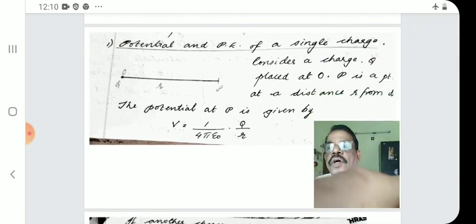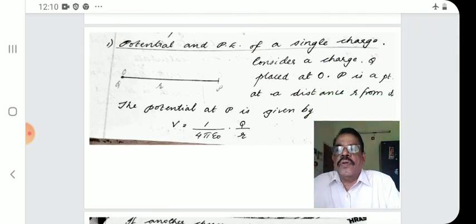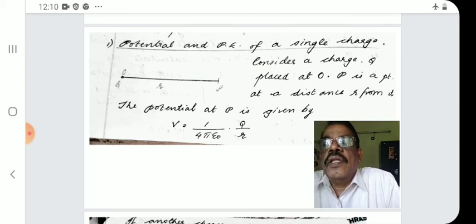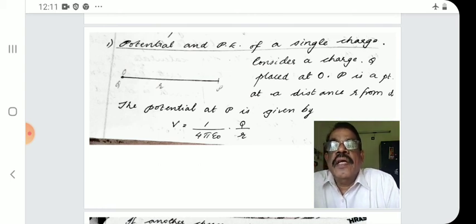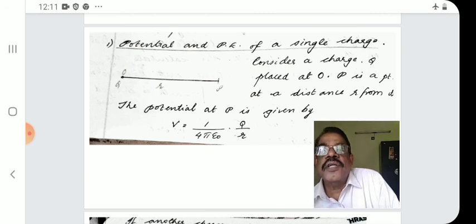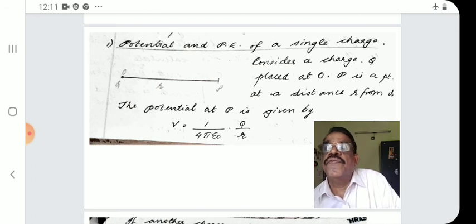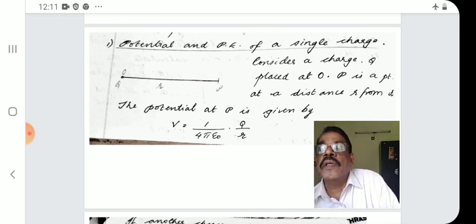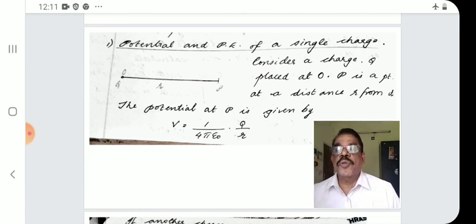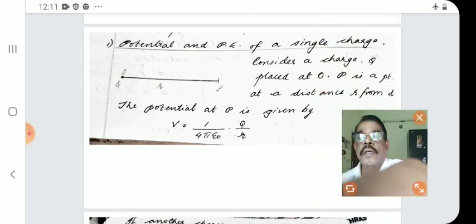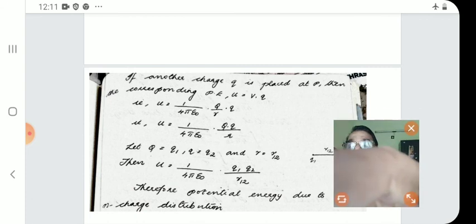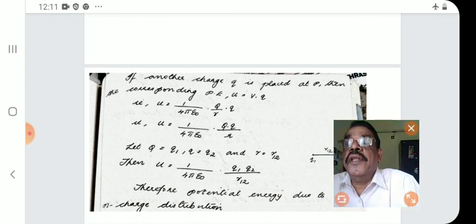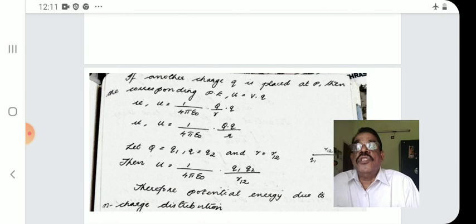And here is the first topic, localized charge distribution: the potential and potential energy of a single charge. Consider charge Q, and P is a point at a distance R from Q. The potential at P is given by what we have studied in the monopole potential: V is 1 by 4 pi epsilon 0 Q by R. If another charge q is placed at P, then the corresponding potential energy U is V into q.